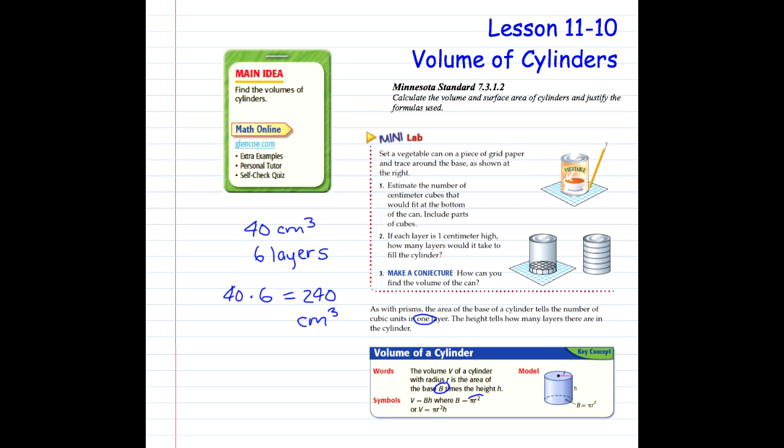The area of the base is pi r squared, which is the formula for area of a circle. So we have this formula: volume equals the area of the base times the height, or volume equals pi r squared times the height, which is the same thing. Area of the circle times the height.